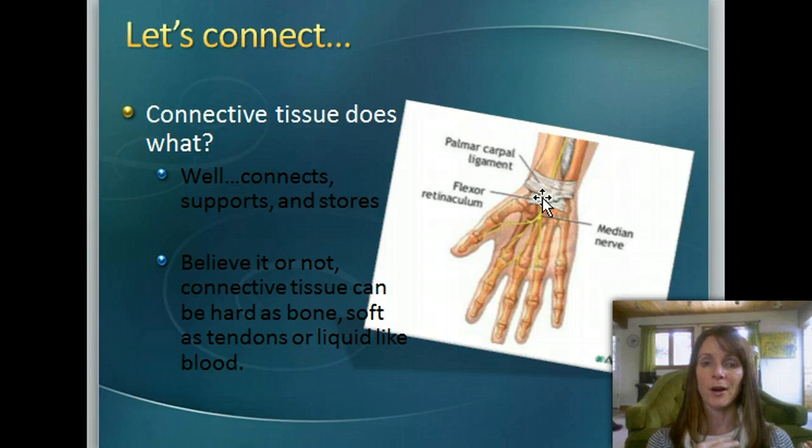That's really hard, almost as hard as bone. And then you also have tendons that are kind of soft, but then you also have blood, which is also a connective tissue. We don't typically think of that like, wow, blood's a tissue, but yes, it's made up of multiple cells. Okay, we'll talk about the red cells, the white cells, the platelets, and so forth. But blood is a connective tissue.